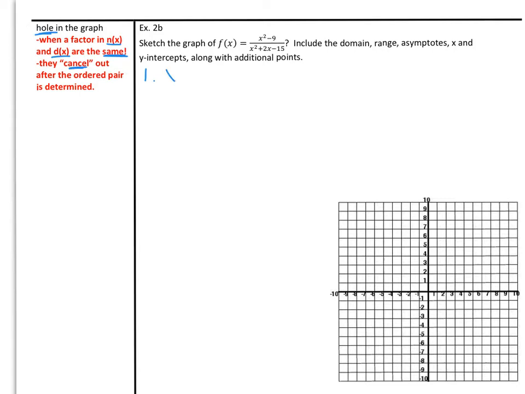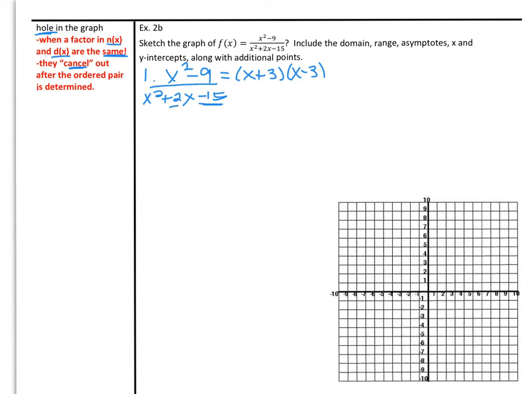In the numerator, we have x squared minus 9. A perfect square minus a perfect square. This will split apart into x plus 3 and x minus 3. In the denominator, we have x squared plus 2x minus 15. Notice we have an a value of 1, so we're just going to split the c to try to get the b in the middle.